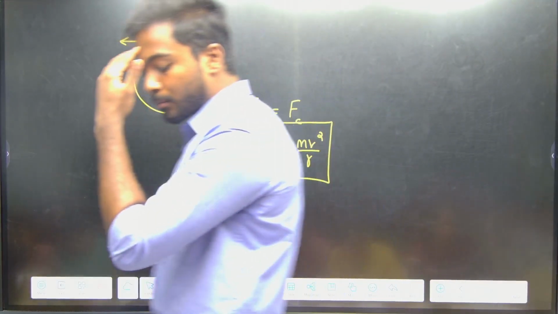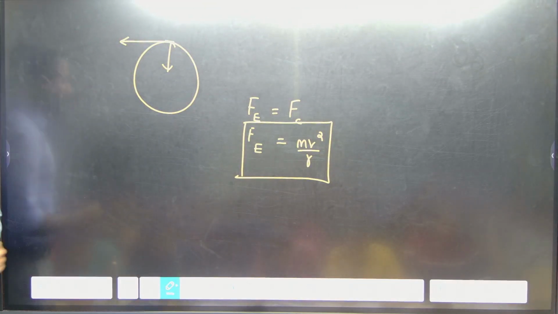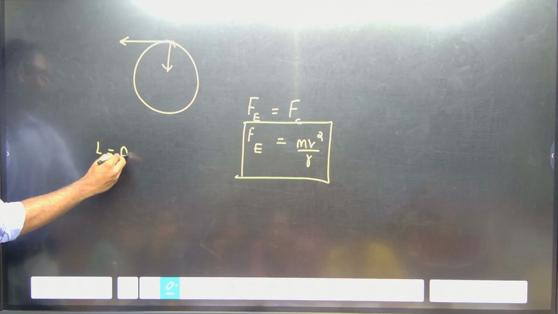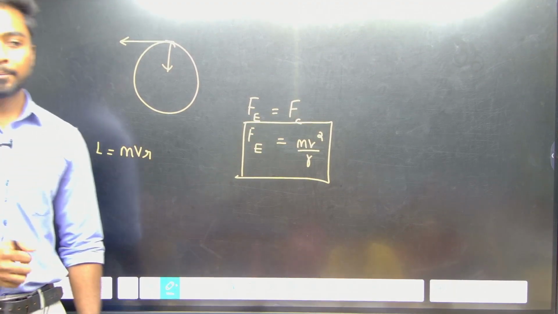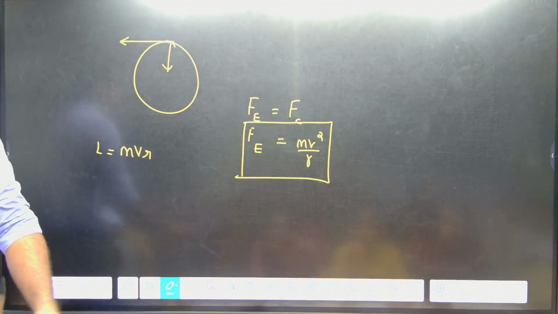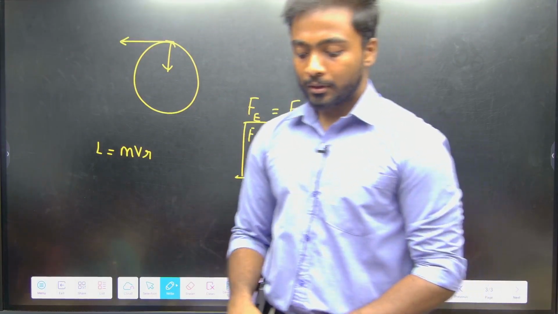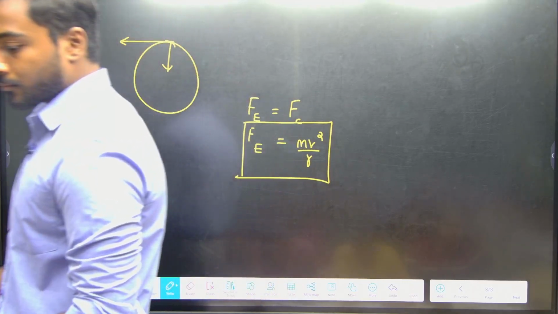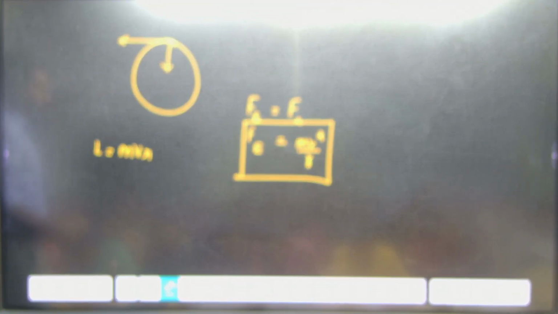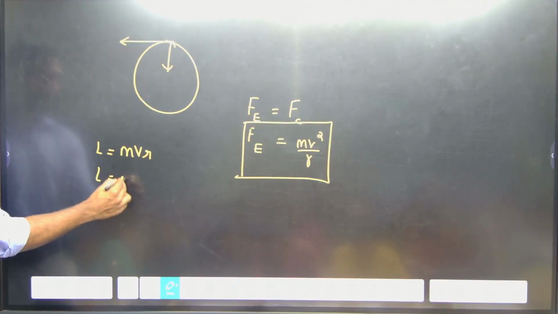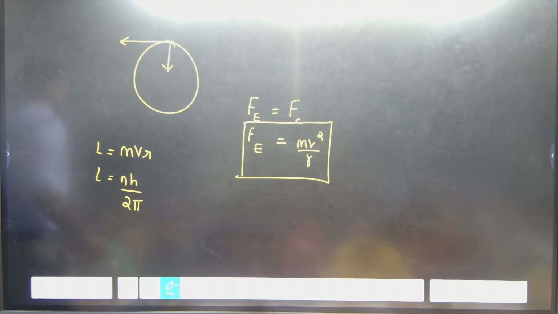Write on the next formula. L is equal to m v r, where L is nothing but angular momentum. The other formula is L is equal to n h by 2 pi.